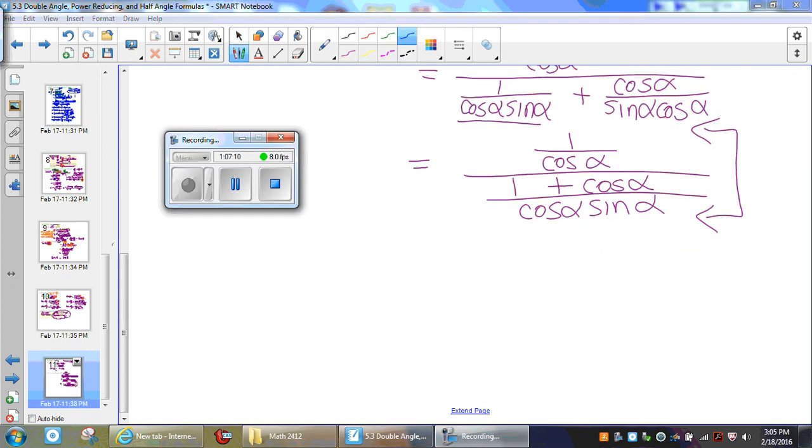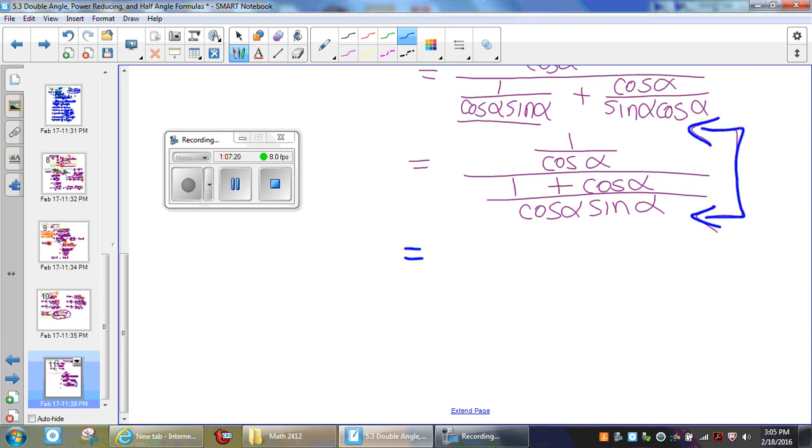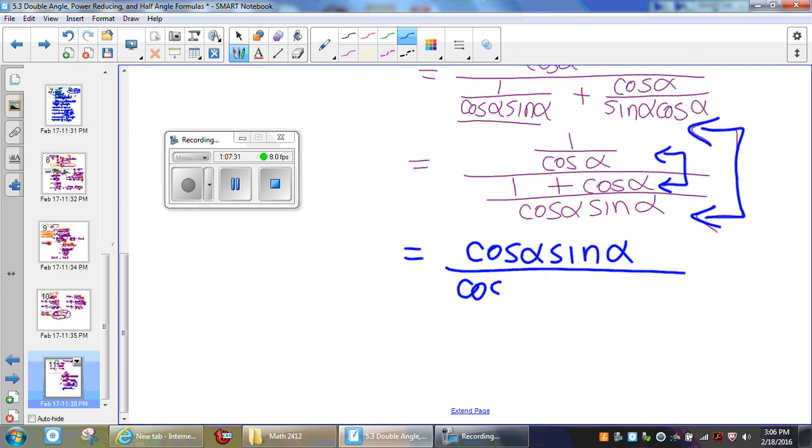So to finish this problem, we're going to use the sandwich rule like I already explained. We multiply 1 times cosine alpha sine alpha, so that will be cosine alpha sine alpha. And then we multiply here the terms in the middle, so that will be cosine alpha times 1 plus cosine alpha.